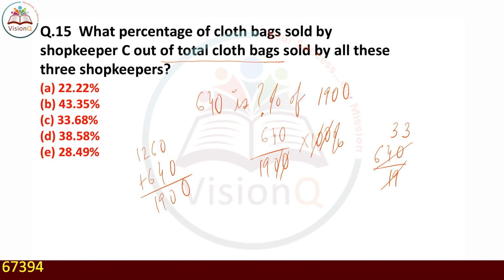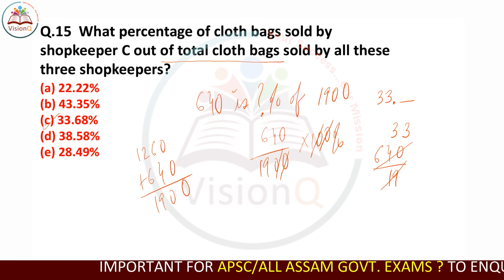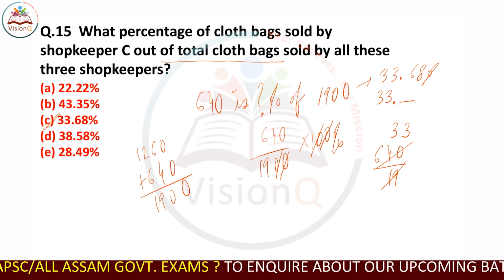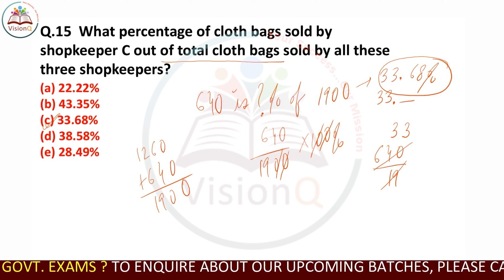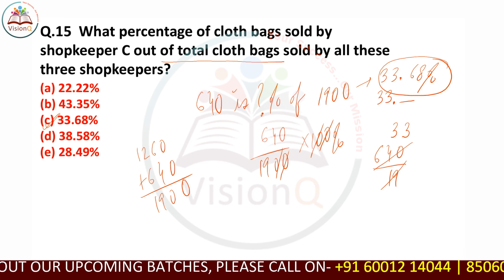So the answer will be 33 point something. 33 is in only one option, so no need to find the other values. The answer will obviously be option number C, 33.68%.